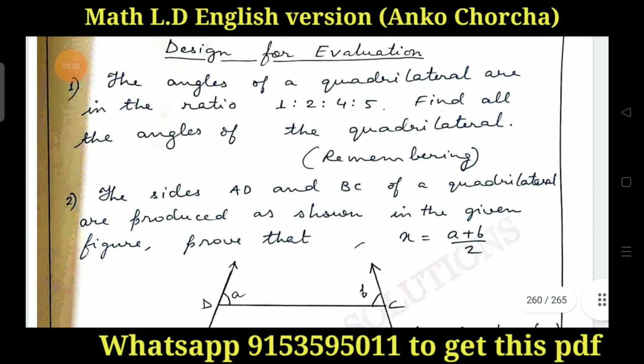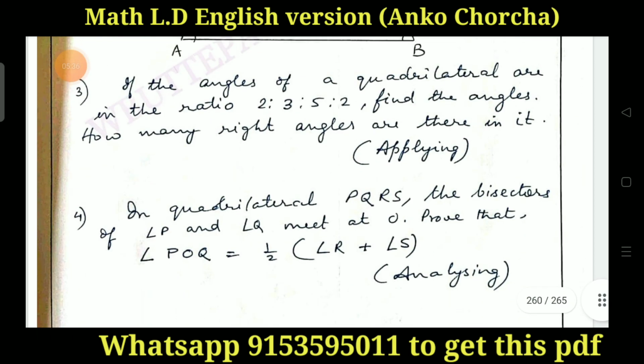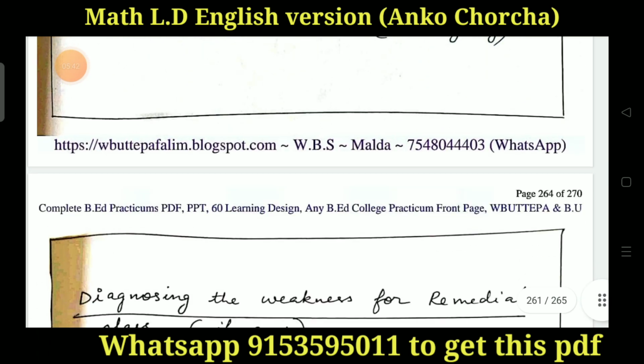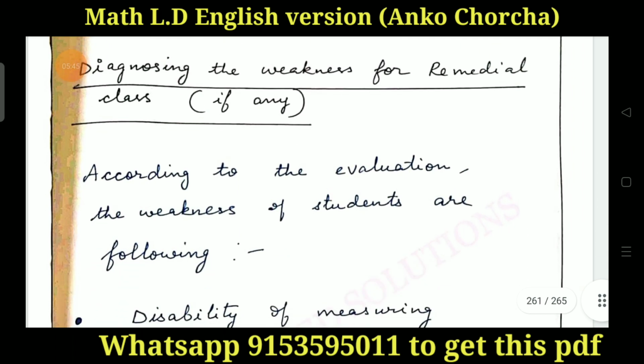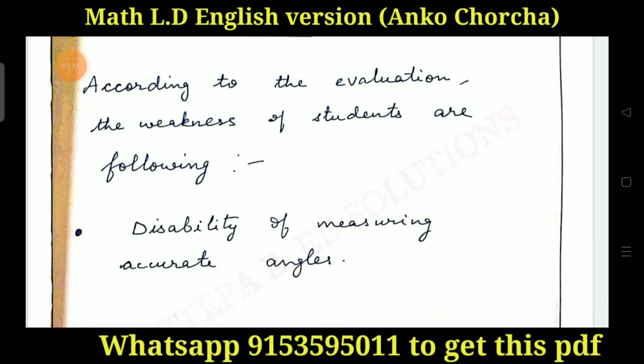Design for evaluation. Here some questions are designed for evaluating. Applying based and analyzing based questions. Diagnosing the weakness for remedial classes, if any. According to the evaluation, the weakness of the student is the following: inability to measure accurate angles.